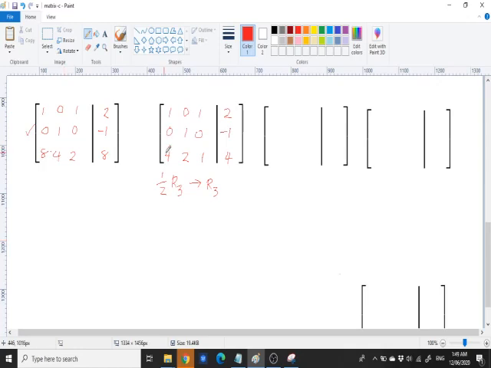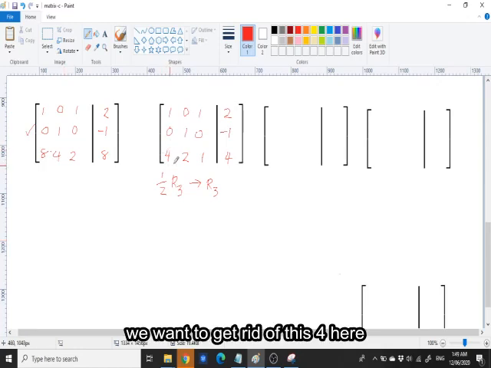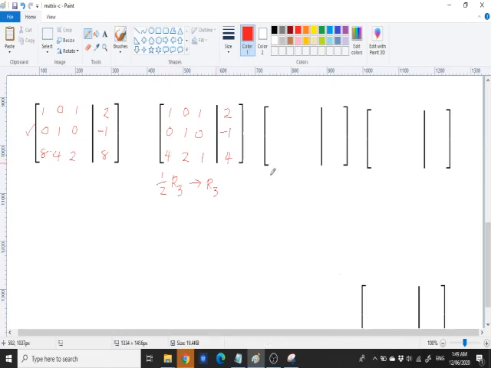Okay. We want to get rid of this 4 here. So what we're going to do is multiply the first row by 4 and then subtract the third row. Okay. So 4R1, 4 times R1 subtracted by R3. We will replace the entries in R3.